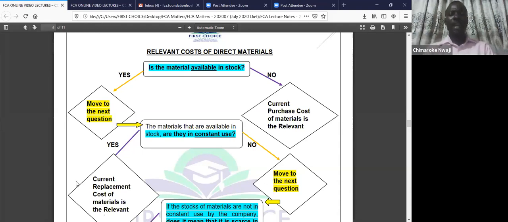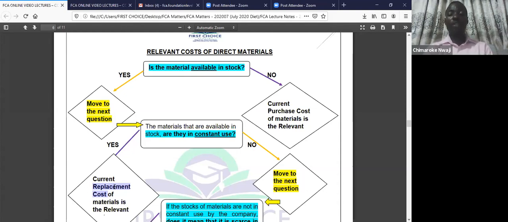If it is yes, that means any quantity you take, you must replace, because they will use it again. And so just like the purchase cost currently, this is replacement cost.